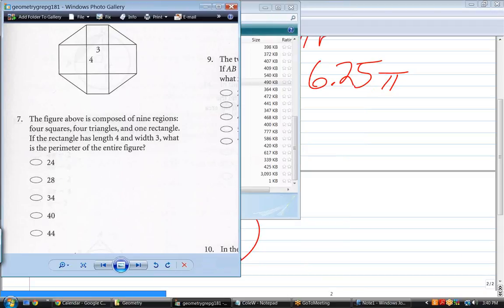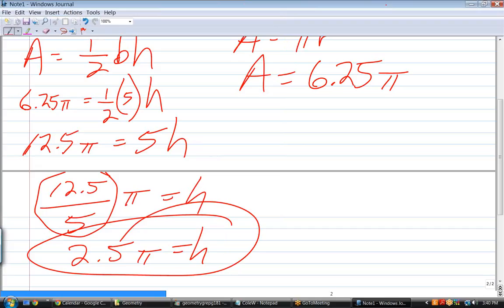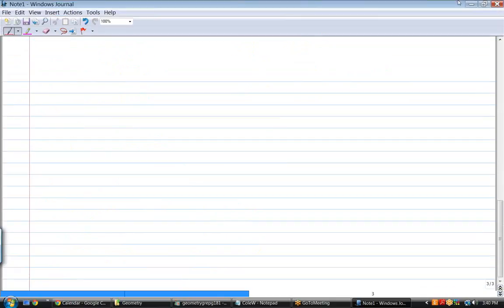So this figure has 4 squares, 4 triangles, and 1 rectangle. Here are the squares, 1, 2, 3, 4. Here are the triangles, 1, 2, 3, 4, and there's the rectangle. What is the perimeter of the entire area? Hold on.